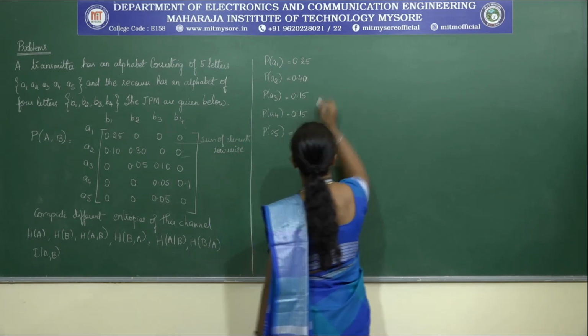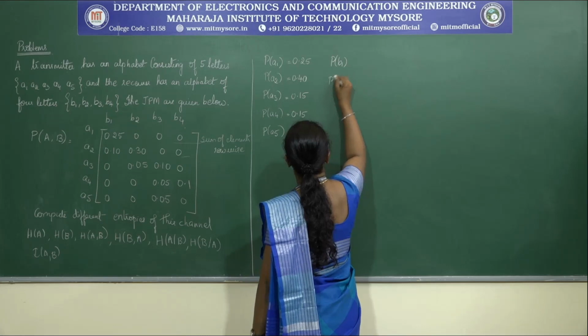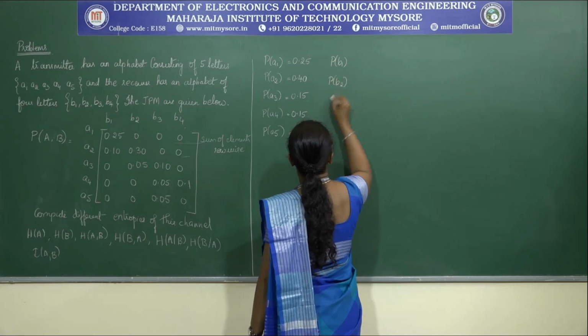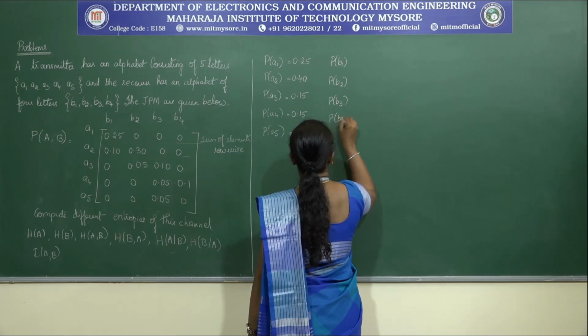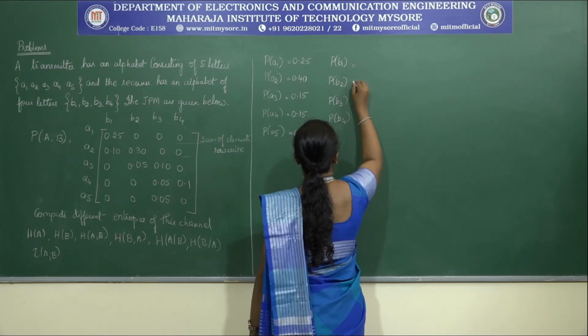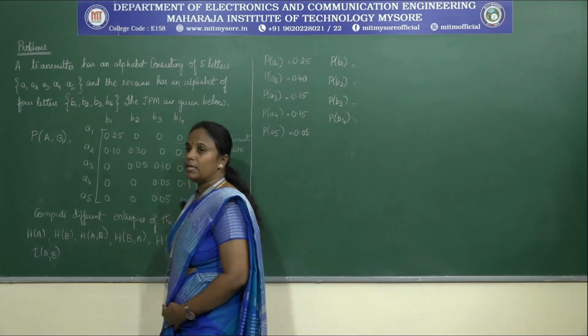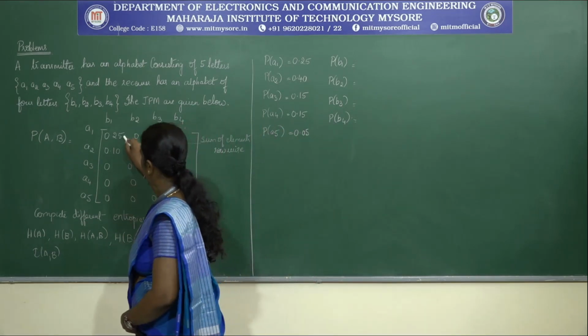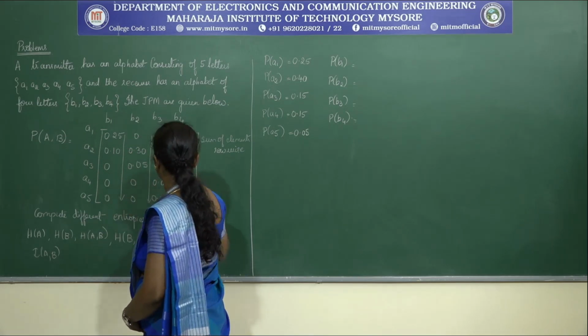Then we need to calculate P of B1, P of B2, P of B3 and P of B4. In order to calculate with respect to the output side, we need to consider the sum of the elements column wise.